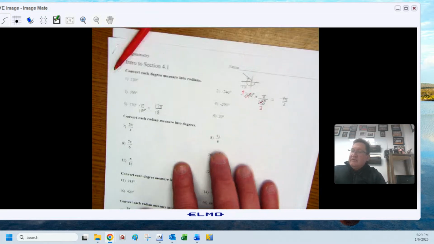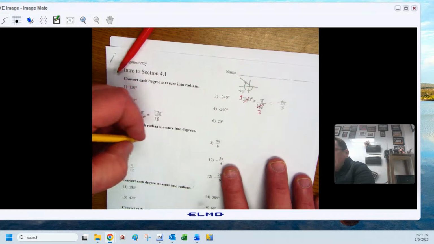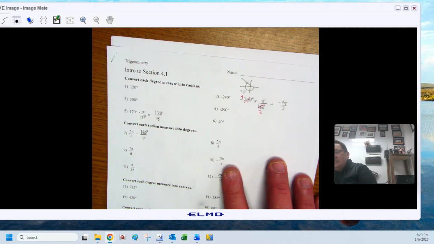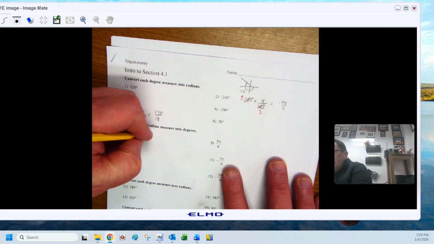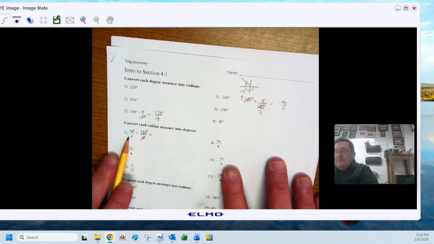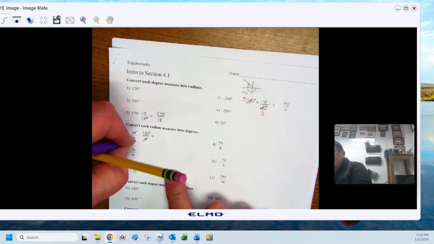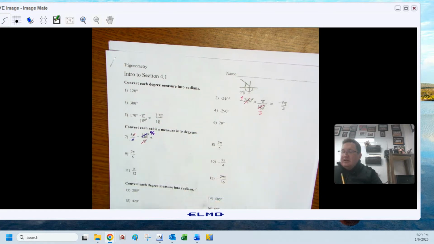When we convert radians to degrees, we do the exact opposite. So 5 pi over 4, we would multiply by 180 over pi. The pi's would cancel, and then we would do the math. 5/4 times 180, however you want to go about that, but 4 goes into 180 45 times.